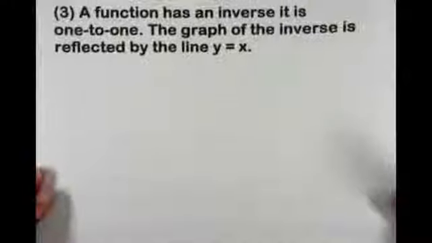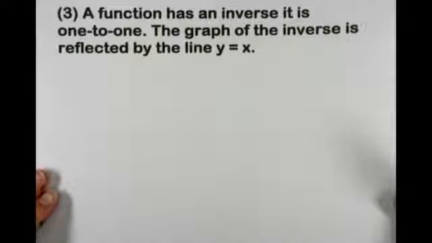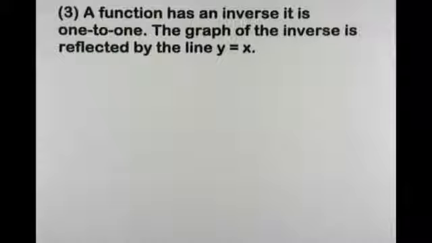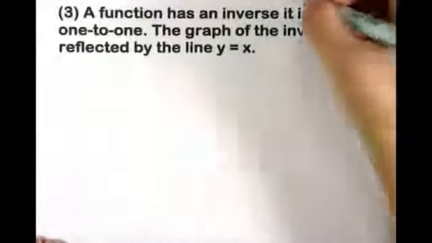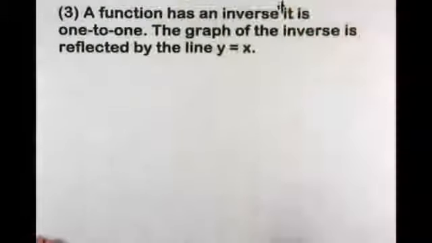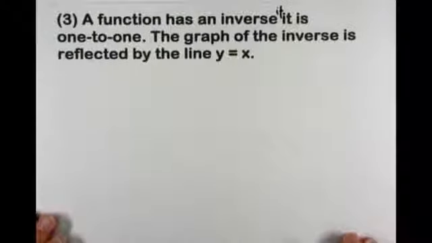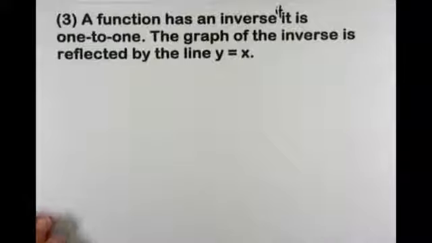So now, a function has an inverse if it is a one-to-one function. The graph of the inverse is the reflection by the line y equals x.